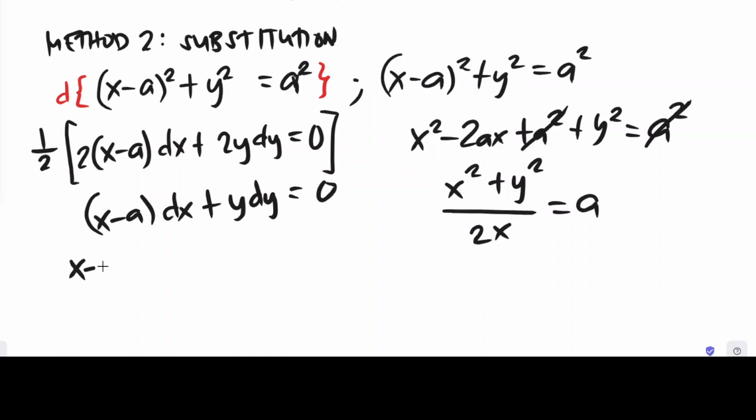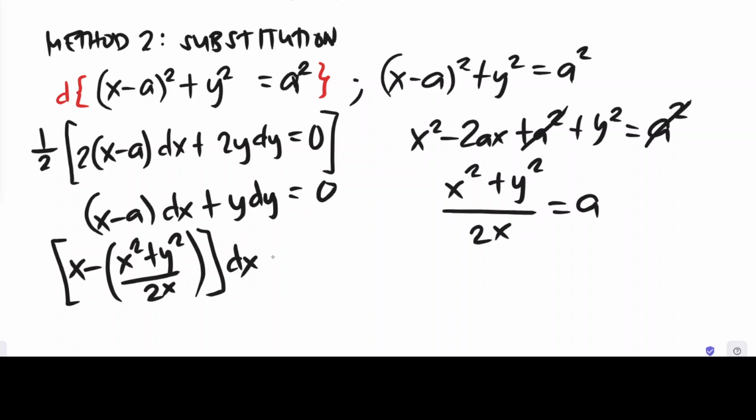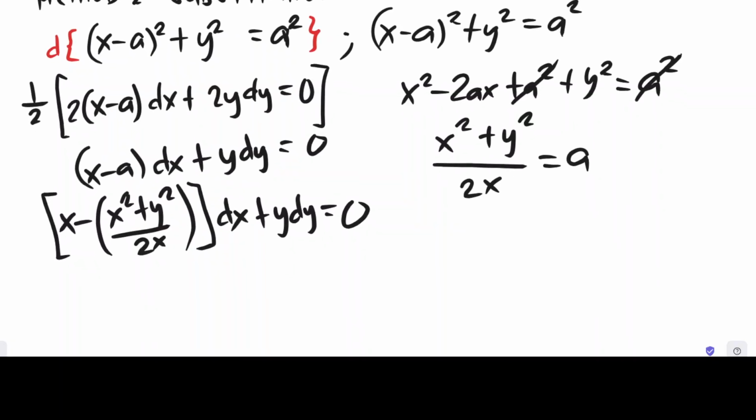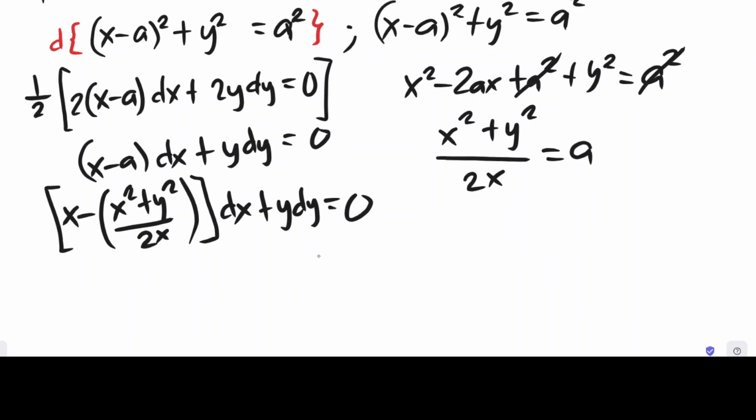So x minus (x squared plus y squared) all over 2x, dx, plus y dy is equal to 0. Then simplify. So here we have x minus (x squared plus y squared) all over 2x.